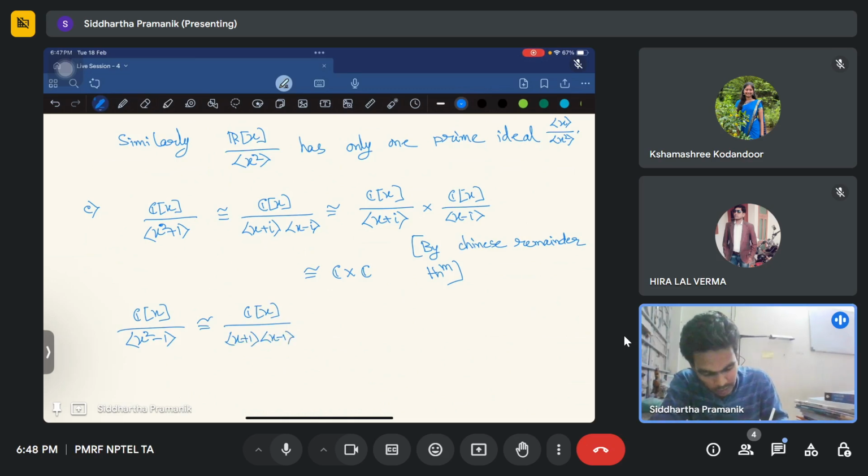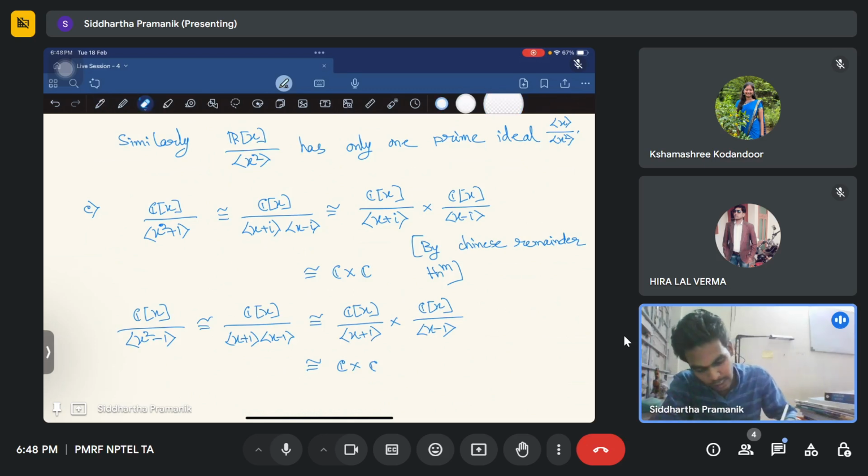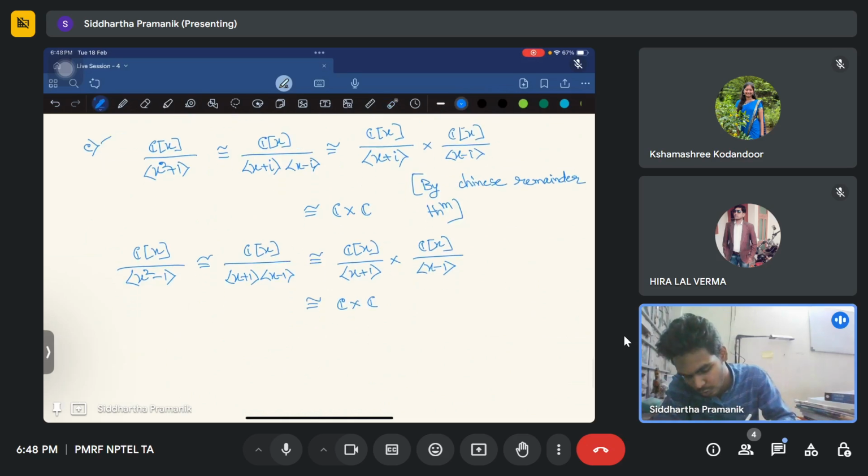Again you use the Chinese remainder theorem. So this is C[x]/(x + 1) cross C[x]/(x - 1). Now again use the same logic. This is isomorphic to C cross C. Both these rings are isomorphic to C cross C. So that means these two rings must be isomorphic. So this is true.